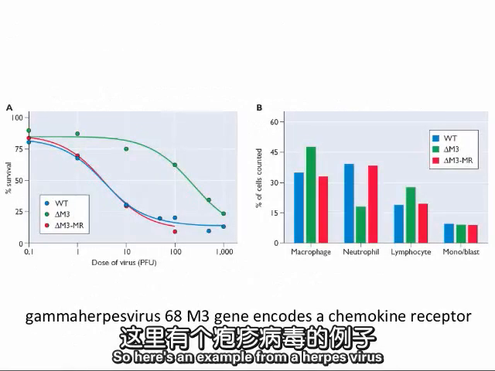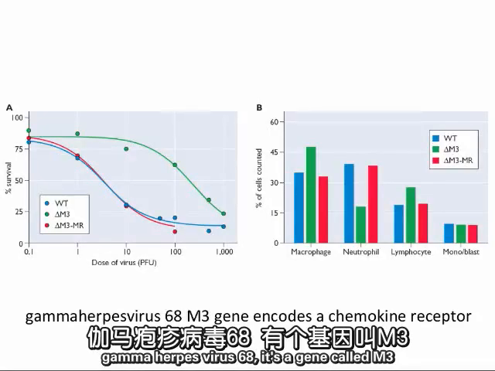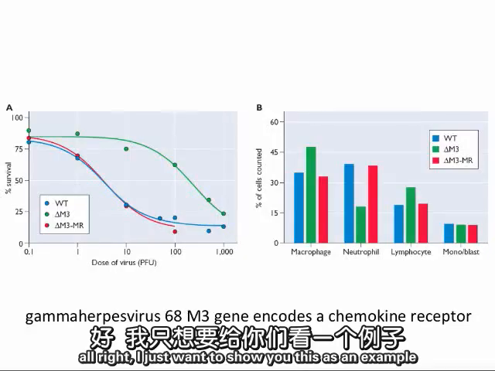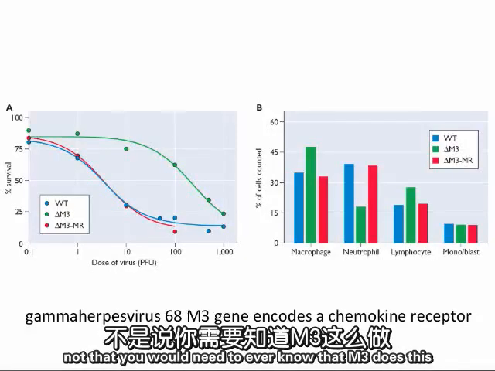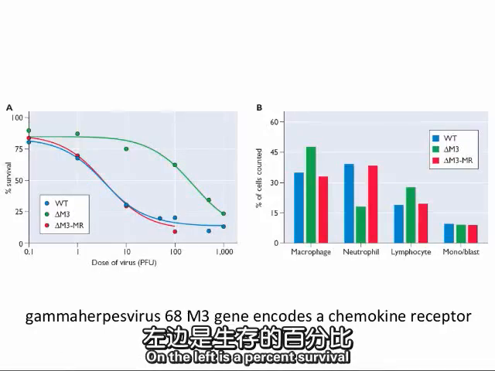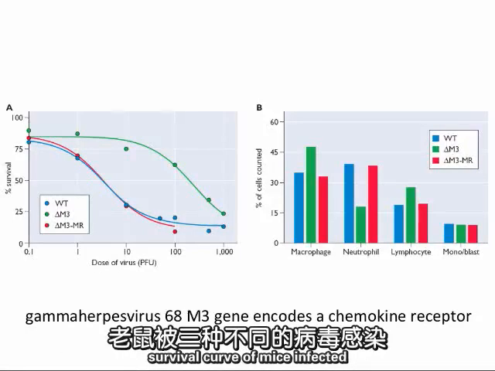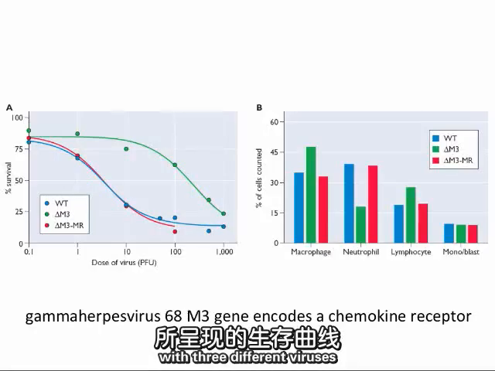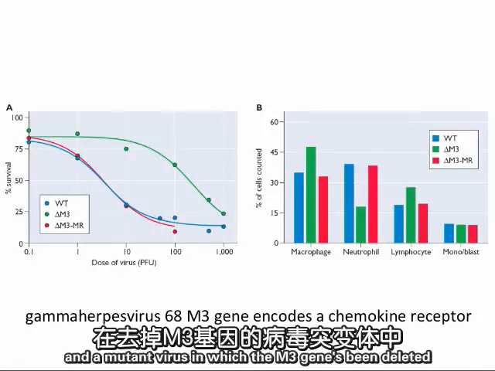So here's an example from a herpes virus, gamma herpes virus 68. It's a gene called M3. I just want to show you this as an example, not that you would need to ever know that M3 does this. On the left is a survival curve of mice infected with 3 different viruses. The wild-type virus in blue, and a mutant virus in which the M3 gene has been deleted.